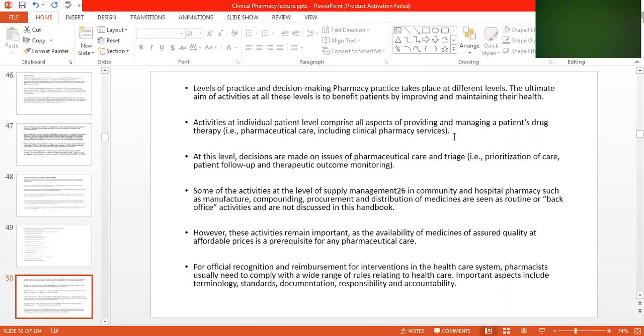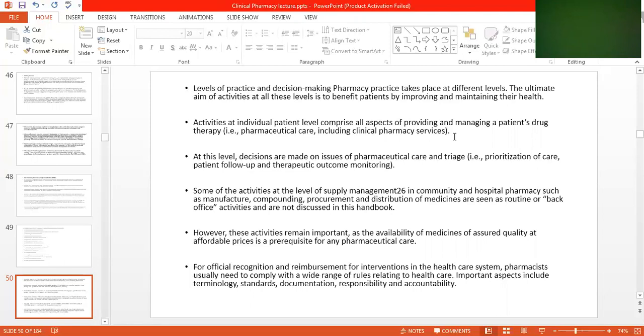Means you have to manage the patient with the drug, whatever you are providing as therapy. And that contains, number one, pharmaceutical care, means care of the drugs which you are giving as therapy, and clinical pharmacy services, what services you are providing from your pharmacy in that hospital.